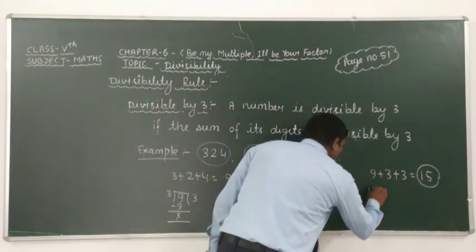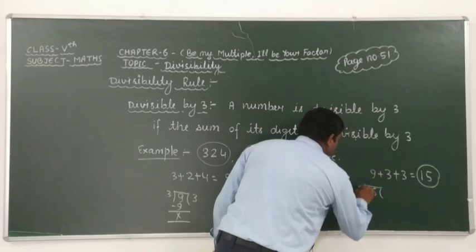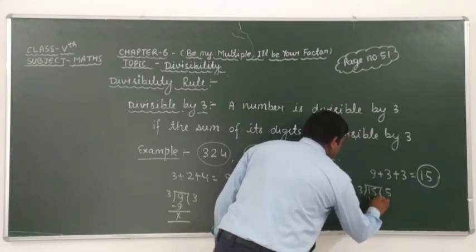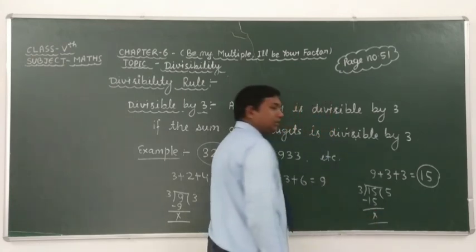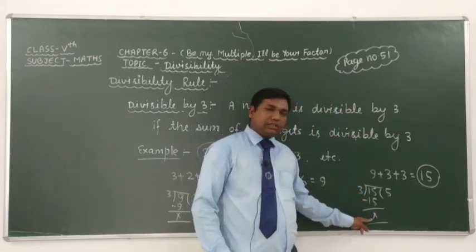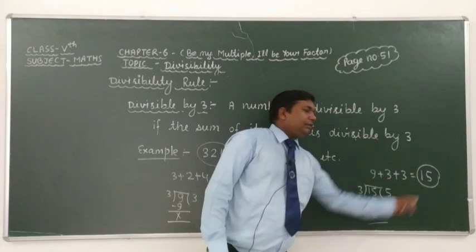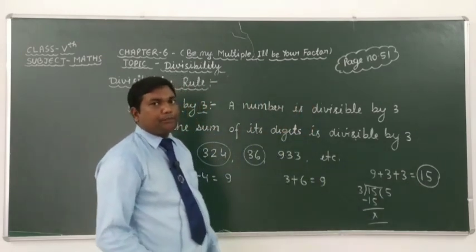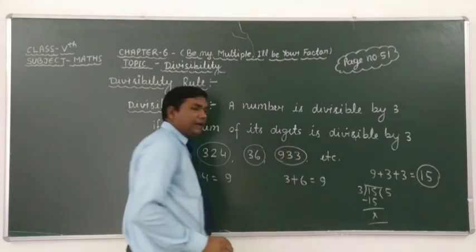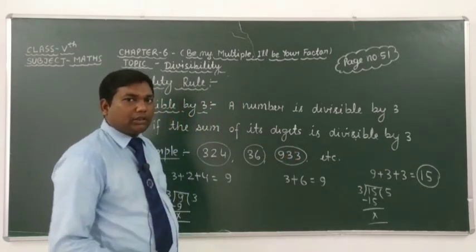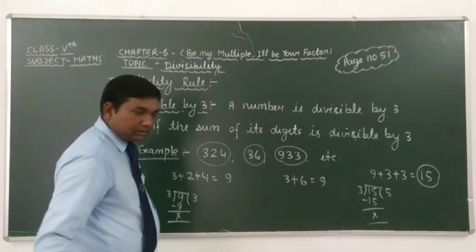Look, here we can take 15 divided by 3, 3 5s are 15, 15 minus 15 is 0. Here we get 0 as remainder, therefore we can say that 15 is divisible by 3. Therefore the given number is also divisible by 3. Okay, students, got it?